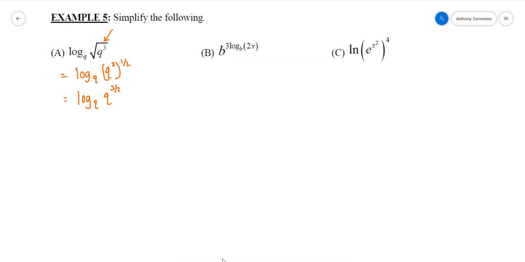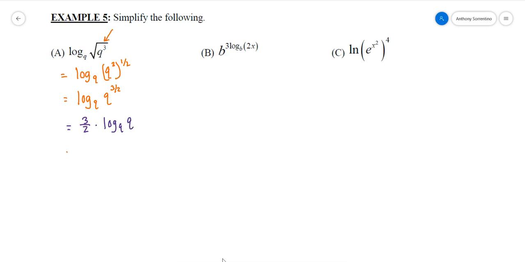Now, as we did in example 1, having a log base q right next to an exponential base q with nothing between the two would cancel them out, but just for the sake of argument, let's take one extra step even though we don't really have to. I can rewrite this as 3/2 times the log base q of q.